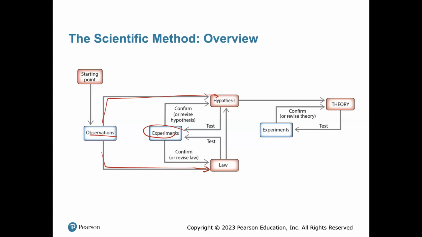Once the experiments come to a conclusion, that's when we form theories. Theories are hypotheses, so they can be proved or disproved. That's why some of the theories we learned about 50 years ago may have been correct, but have now been proven incorrect. So theories can be proved or disproved by experiments.